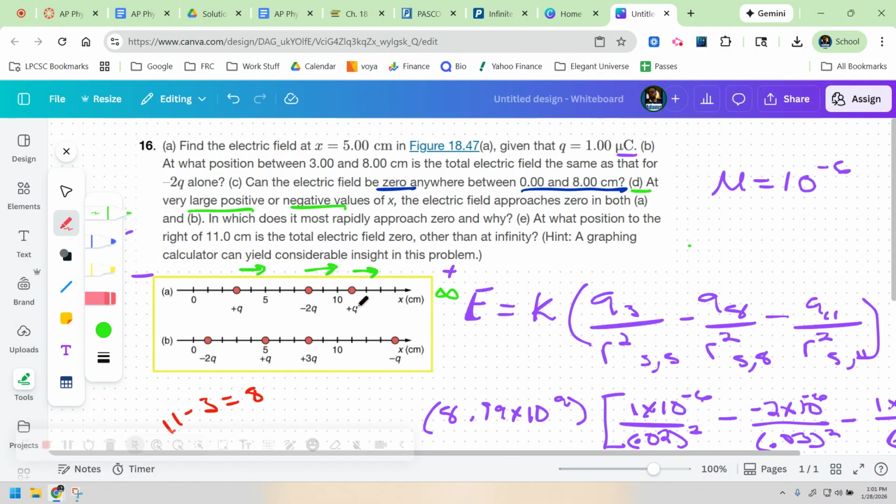And so there's going to be a weird interaction between this charge and this charge and this charge. But the further away you get from the charges, remember that the electric fields weaken and weaken and weaken. So theoretically, as we approach positive infinity, the charge also approaches 0. Okay.